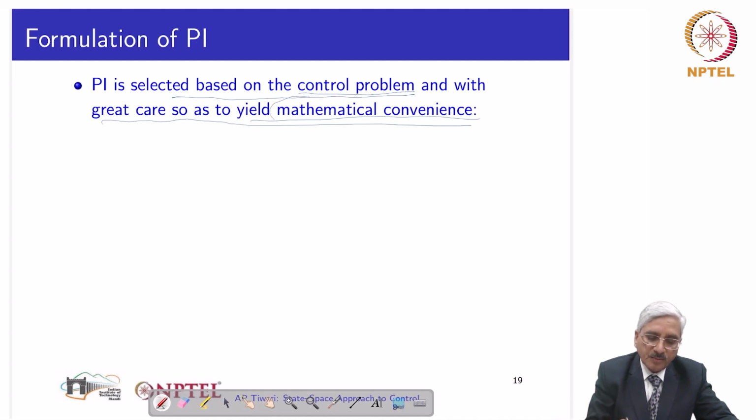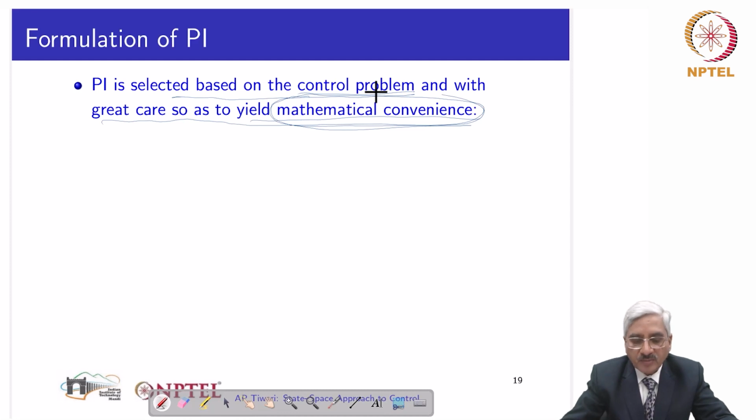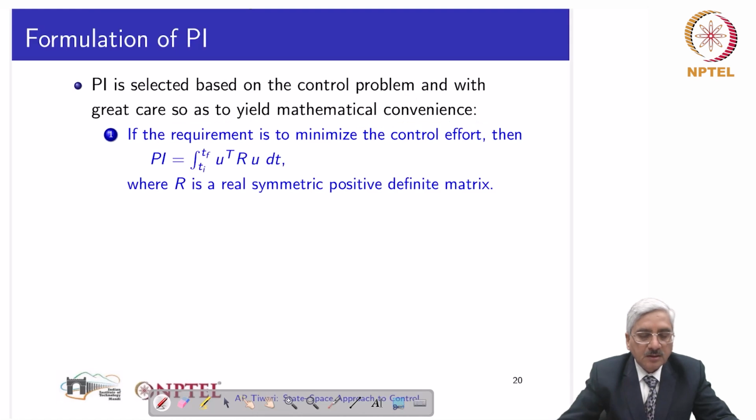So it must be selected so as to yield mathematical convenience. But more important than that is that it should be selected based on the control problem. So both things are important. Of course, the first one is more important.